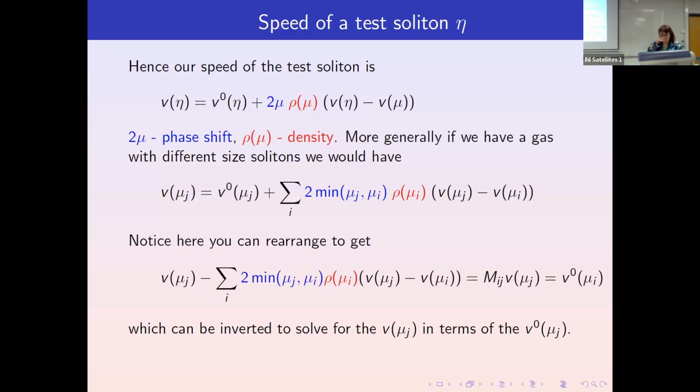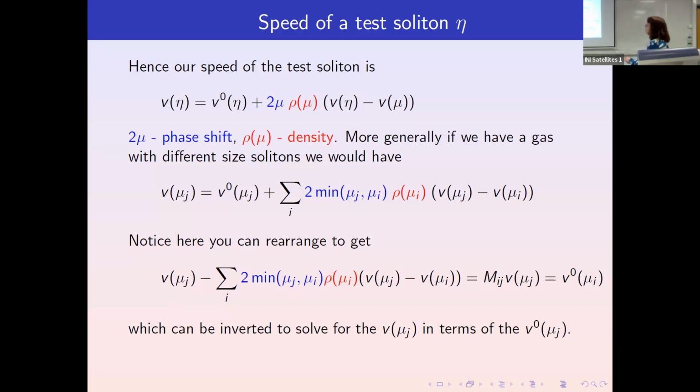Okay, so there's some work that I didn't know about last time I talked, by several authors, but in particular Friedrich and Sasada, who have looked at these things, and they've taken this and rearranged it, because you can rearrange and write the velocities of all your different solitons in terms of basically a matrix times the velocities, set equal to your initial velocity.